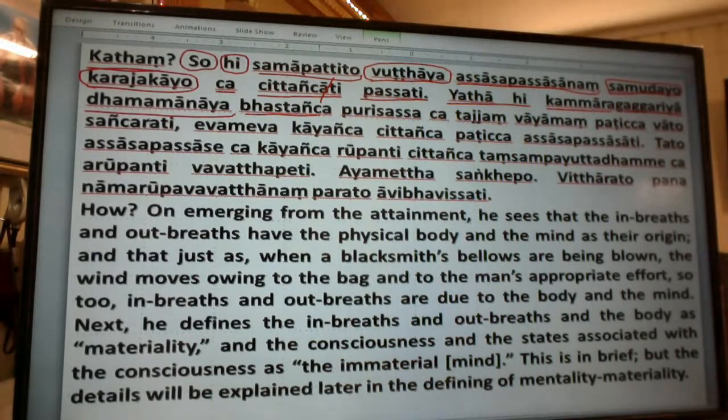So Pasadencha is a kind of bag. The bag and the blowing instrument are connected. So the bag is moving like this, and air is blown into the bellows. That is the meaning here.